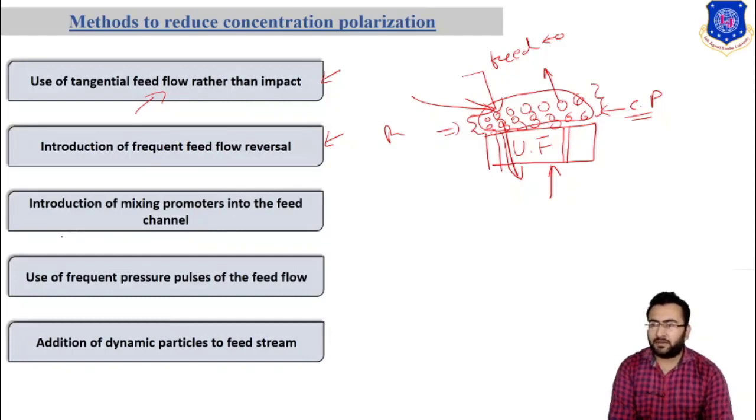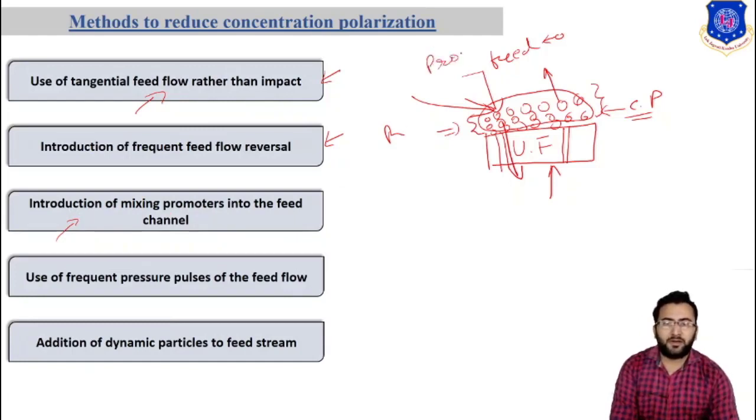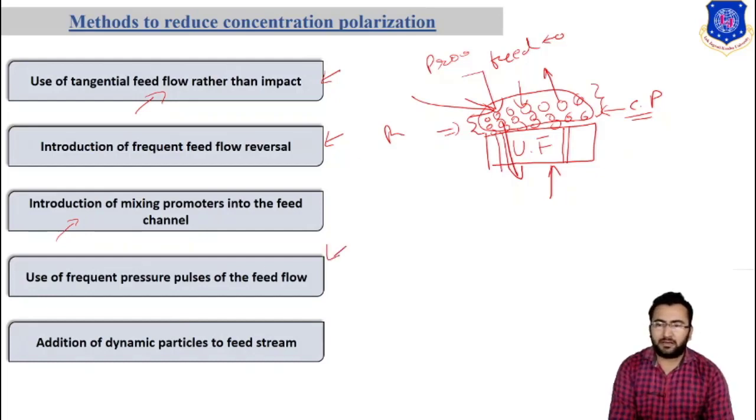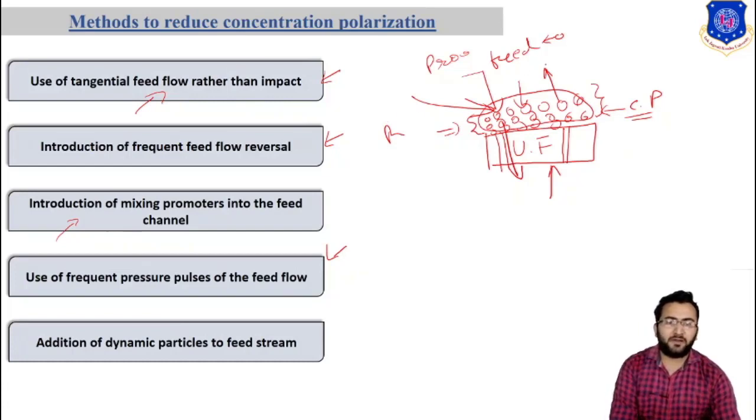And then the third technique is the introduction of a mixing promoter into the feed channel. If we add promoters to the feed, the main aim of the promoter is to prevent accumulation on the surface of the membrane. Then the fourth technique is the use of frequent pressure pulses of the feed flow. Let's suppose this ultrafiltration process operates at 1 atmospheric pressure.